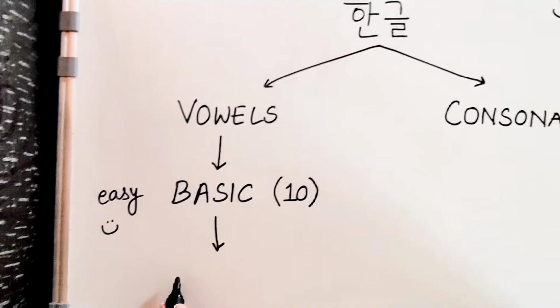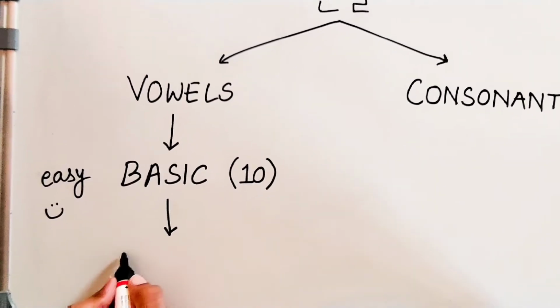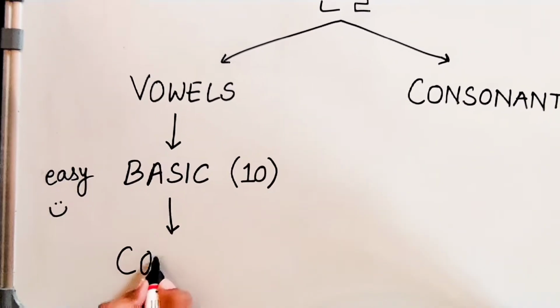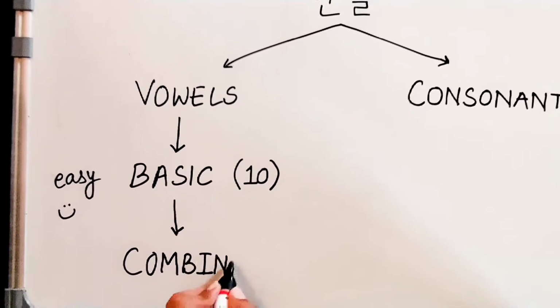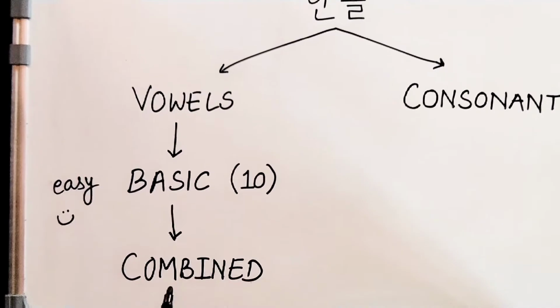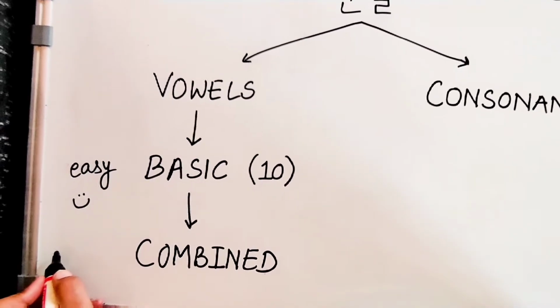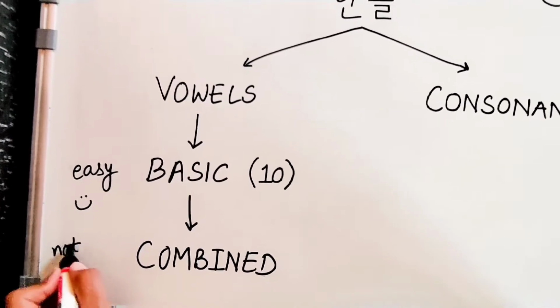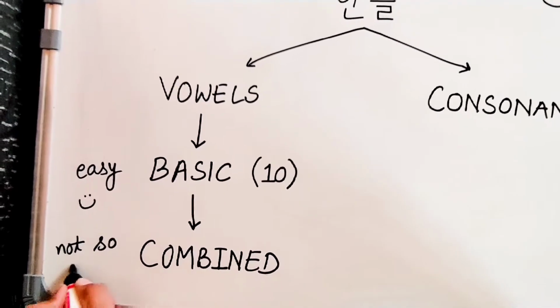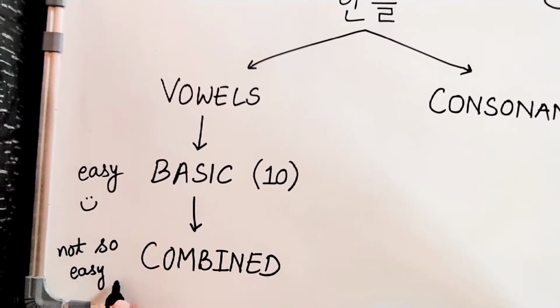After you have learnt basic vowels, you move on to combined vowels. Of course, the downward arrow suggests that the difficulty level of combined vowels is more than that of basic vowels. That is why combined vowels are not so easy to learn. But don't worry, I'm with you.